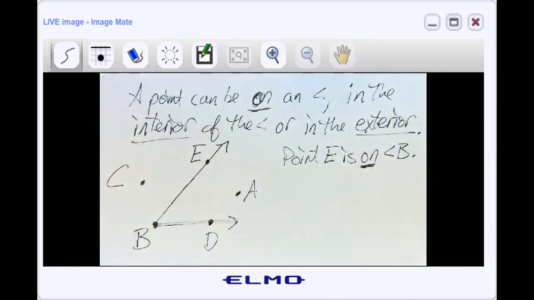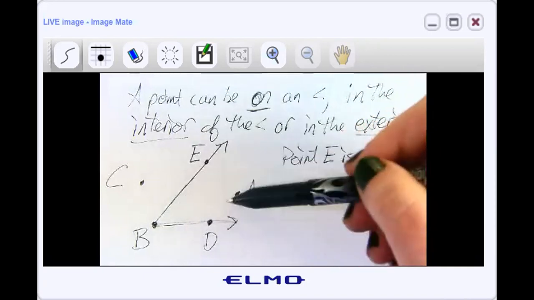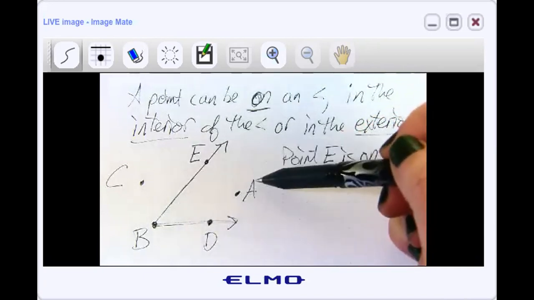Right? Now, point A, you can see, is not literally on the angle, but if you think of the angle as like the Pac-Man mouth, it's about to get eaten. It is on the interior of the angle, because if I just shaded in the angle, that would be the entire inside of it, and A is part of that, okay?